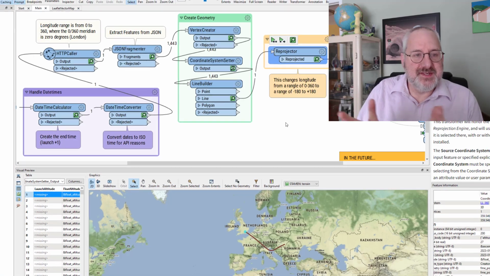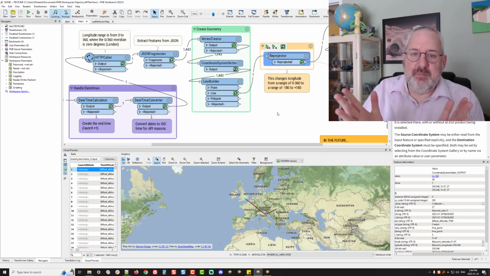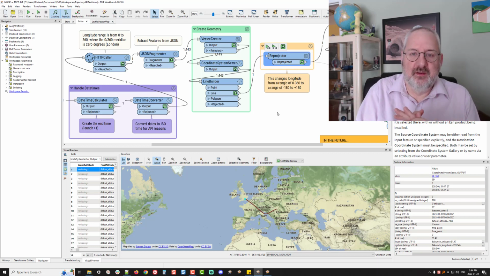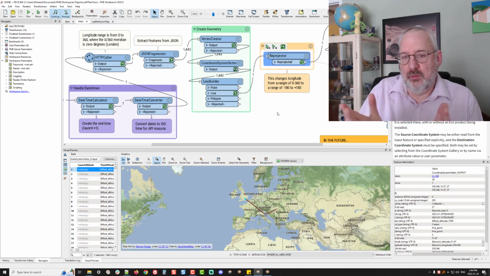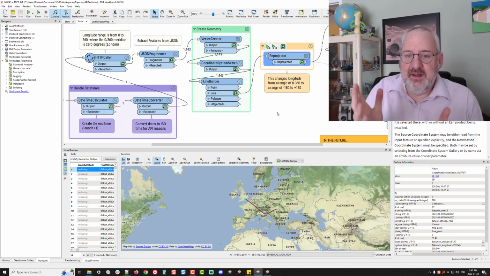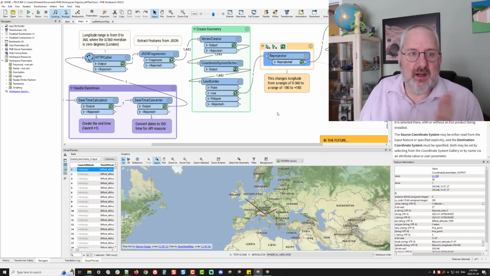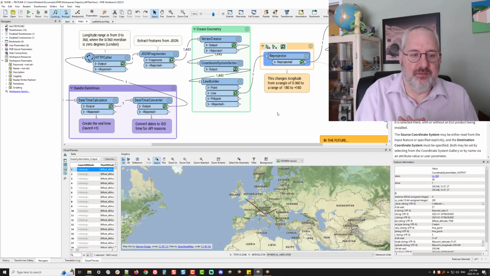So that's a very quick video about the best transformer, the coordinate system setter, what it does and why it does it. We use it because we want FME to know what coordinate system the data we're working with is in. And it's so popular, I think, because so much of our source data, like from this API, is untagged with any coordinate system.